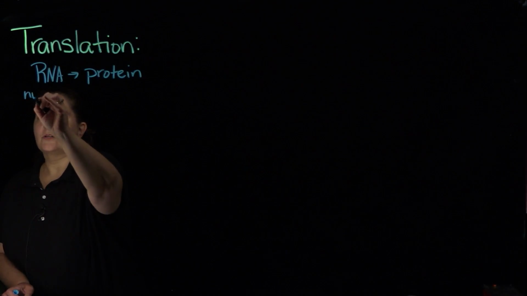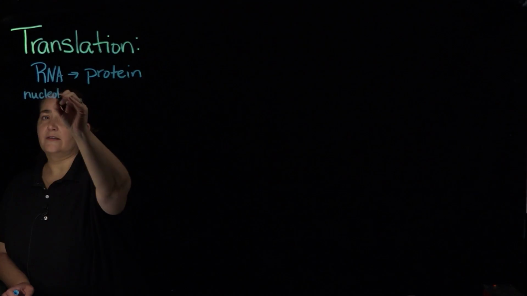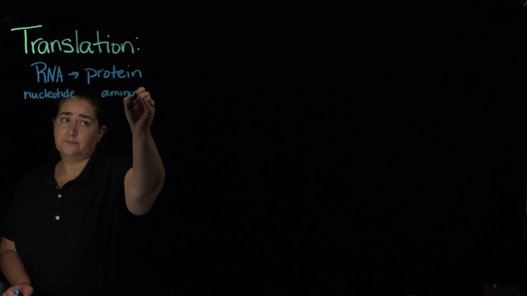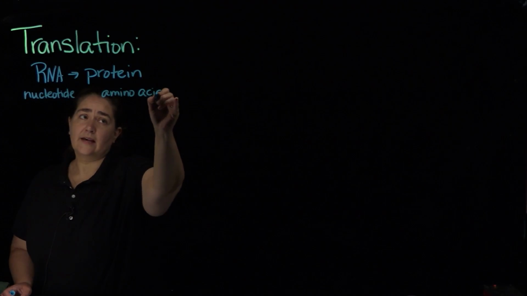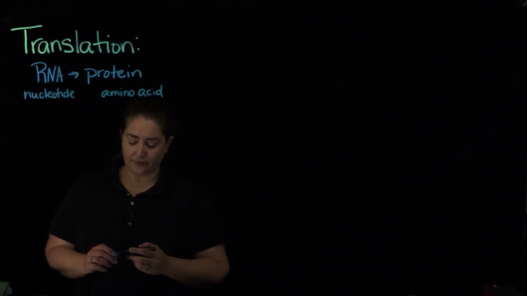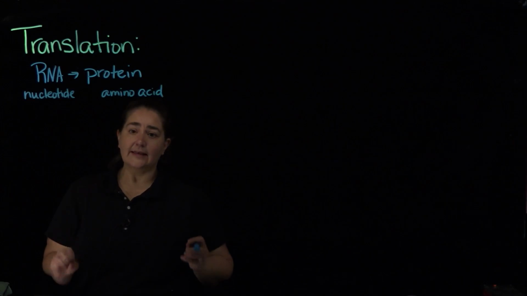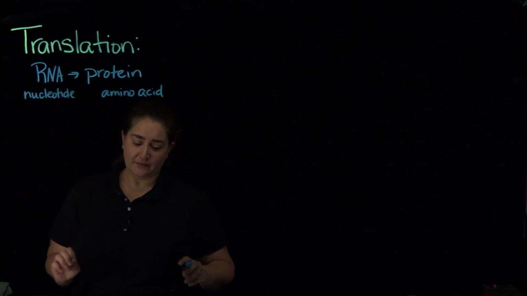So in this case, we're going to go from a nucleotide to an amino acid. And that process of taking the information from RNA and converting it into protein, that's translation, okay?